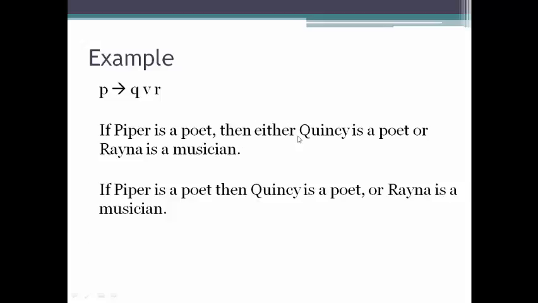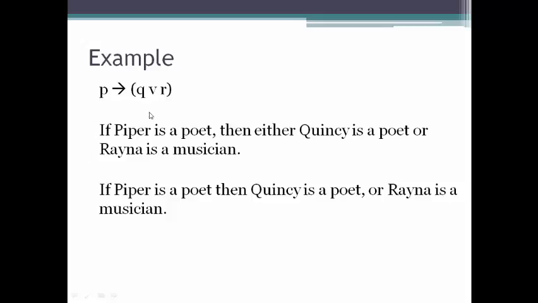By dropping the either and moving the comma, we could see that this sentence says something different. It says either Raina is a musician or there's a conditional relationship between Piper being a poet and Quincy being a poet. But this, on its own, doesn't tell us which interpretation to go with.